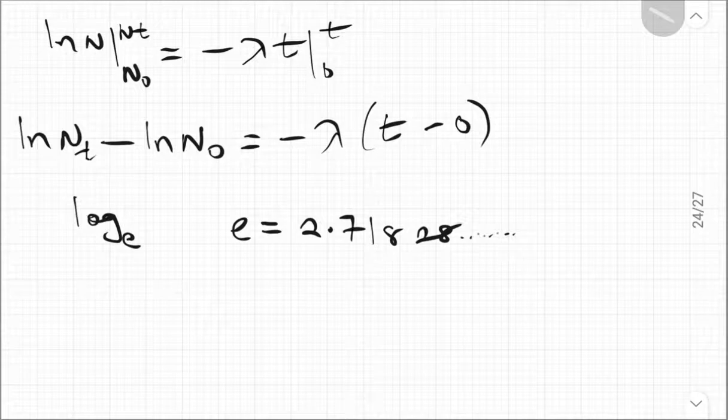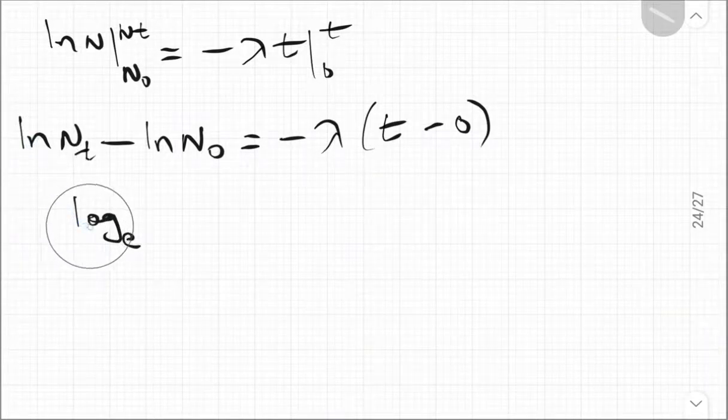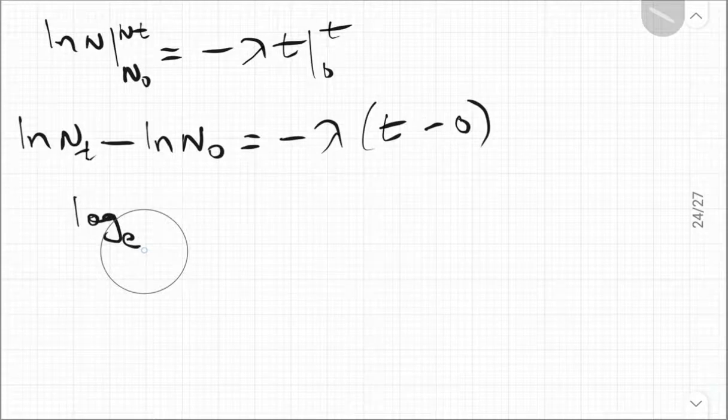So it's an irrational number, right? Okay. So ln, or the natural logarithm, is actually the logarithm to the base of e, to the base of 2.71828 dot, right? Okay.